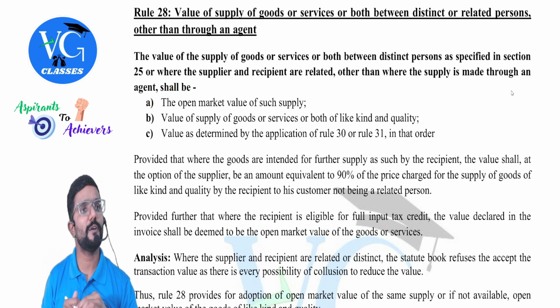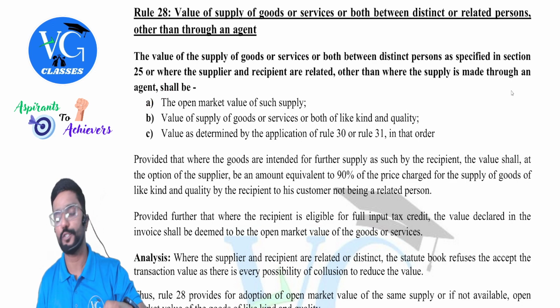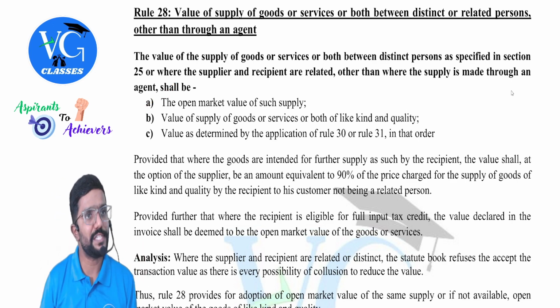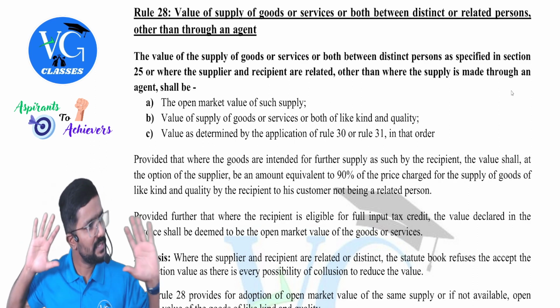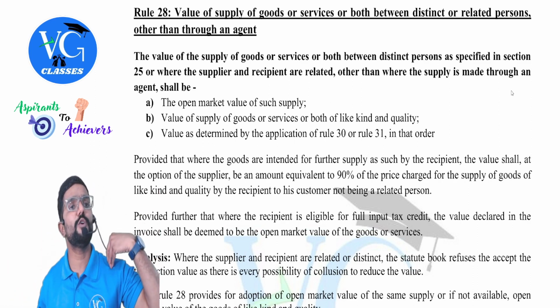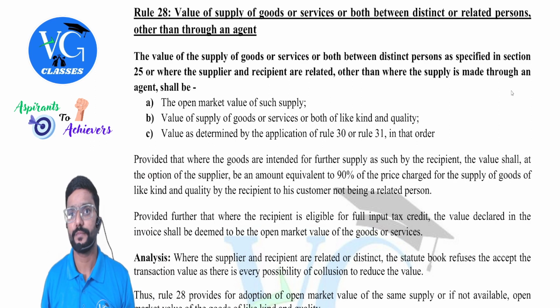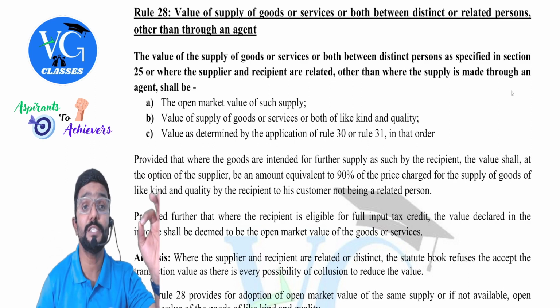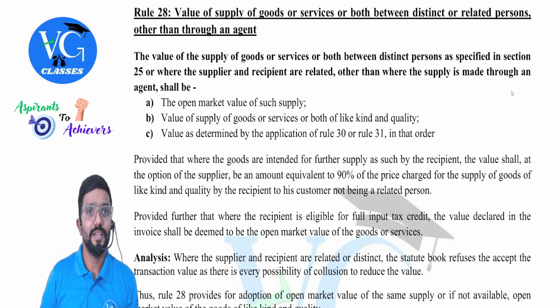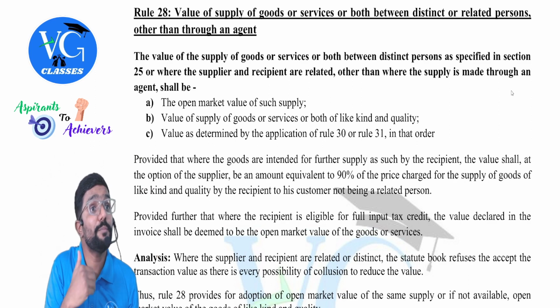Open market value of such supply means, guys, listen here. Assume I and you are related. You sold goods to me for 10,000. Consideration is there. But as relation is there, what happens? Relationship will affect the price. As we both are related, we might manipulate the price.